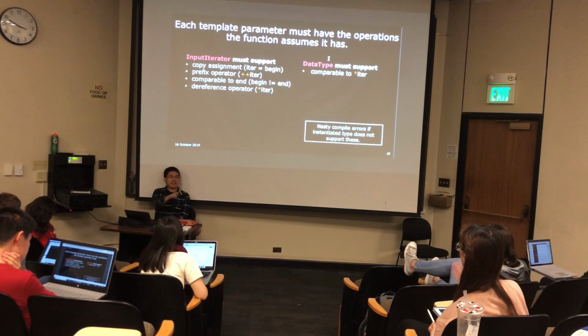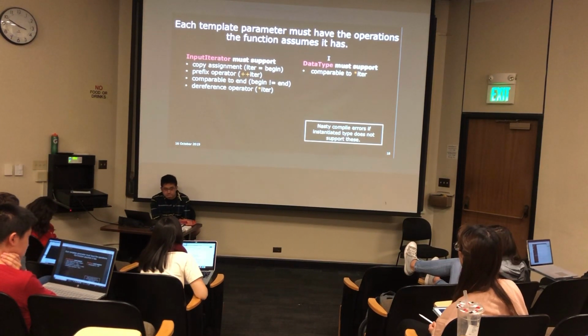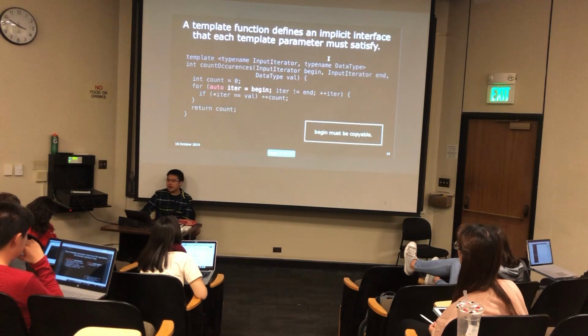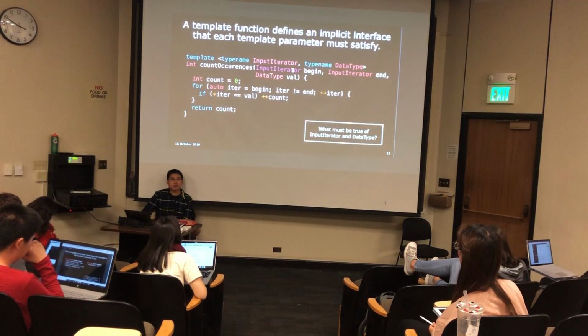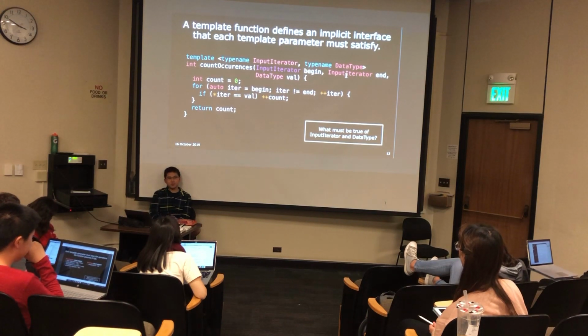All right, questions? Yes? When you pass an iterator to that function, is it automatically passed by reference? By default, here we're not passing it by reference, we're just passing it by value. You can also use an ampersand to pass by reference. So we are actually making a copy of that iterator.